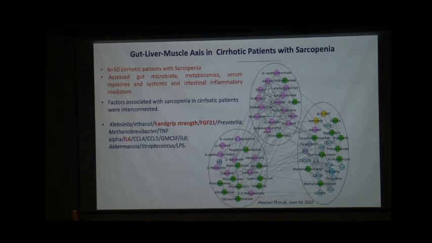The factors associated with sarcopenia in cirrhotic patients were interconnected, such as Klebsiella, hand grip strength, FGF21, IL-6, Streptococcus, and LPS. They are all an interconnected network, as seen here in cirrhotic sarcopenia. This network diagram shows that all these things go hand in hand.